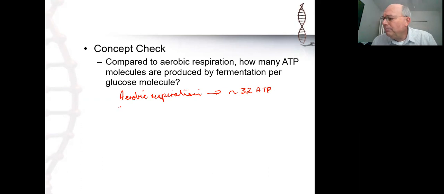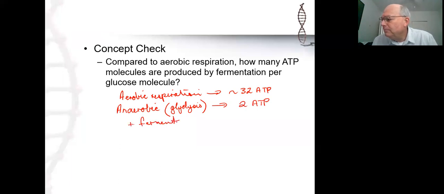Anaerobic, and here I'm going to put in parentheses, glycolysis, only produces 2 ATP. And so even if we add fermentation, it's still going to be 2 ATP.